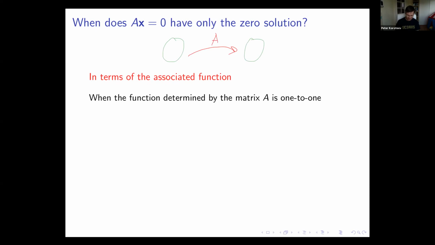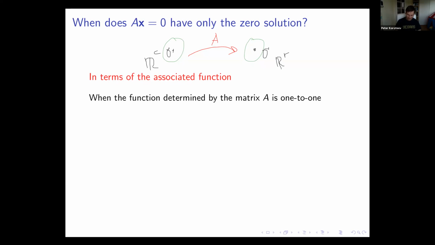We know that the zero vector, when x is equal to 0, goes to 0 by any linear operation like that. Now, if 0 is the only vector in R^C such that A times this vector is equal to 0, it means that the matrix function is 1-to-1.